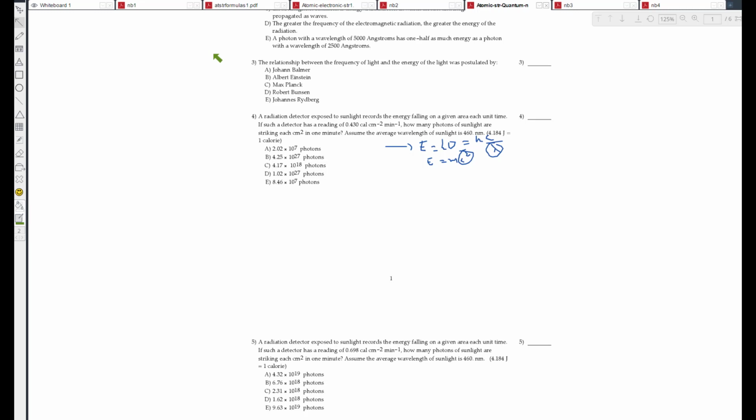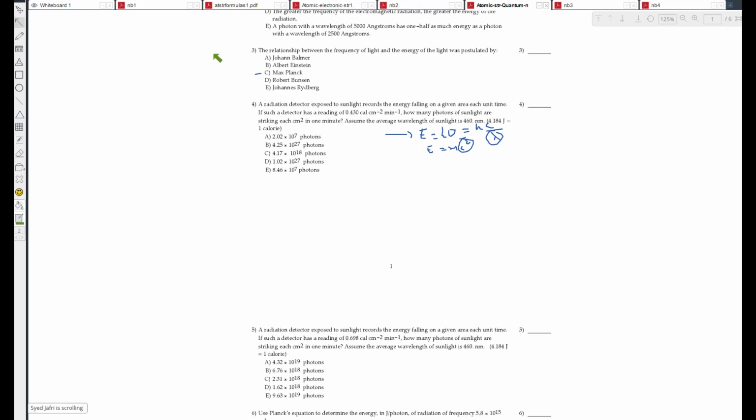What do you give that name? Is it Max Planck? Yes, that's right. Planck's equation, because it's got Planck's constant. So it's Planck.